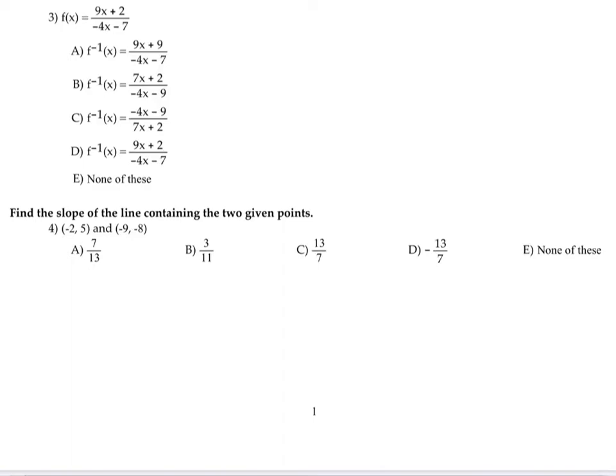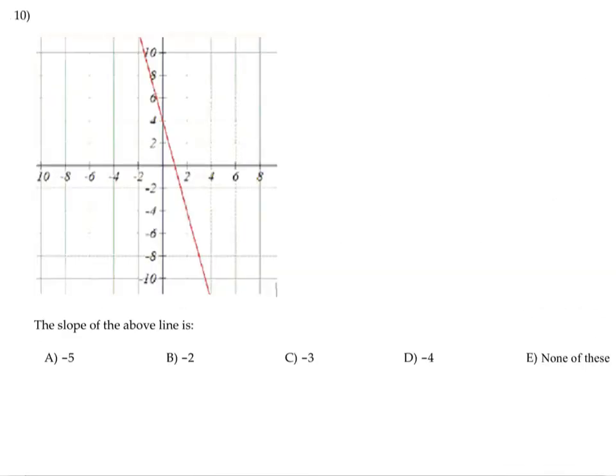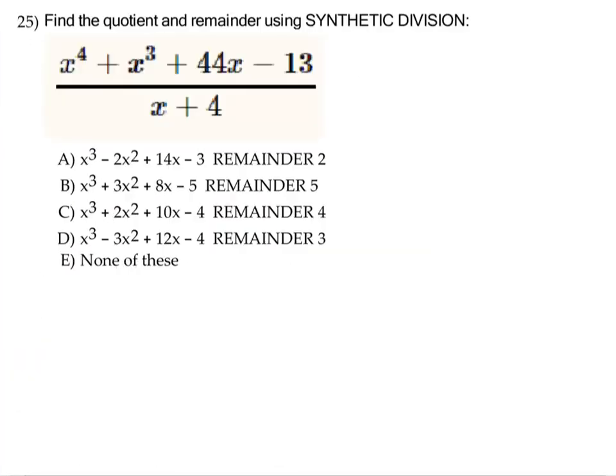Same thing. Want to find the inverse function. So number 3 will be slightly more complex. Not a lot, but a little. 9x plus 2 over minus 4x minus 7.